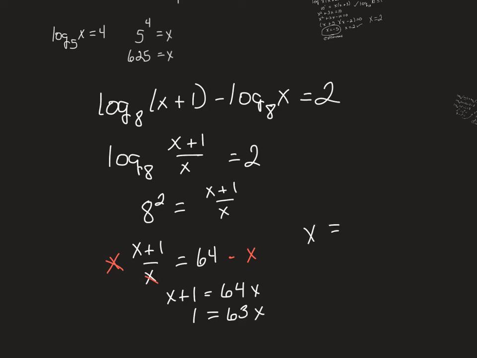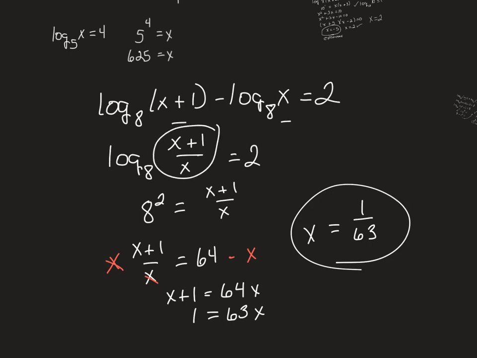So x equals 1 over 63. And that will not give me a negative number in either of these values. So this is the solution. But notice the difference here was I was subtracting, which means that converts to division because a logarithm is an exponent. And when we divide by exponents, we end up subtracting those exponents.